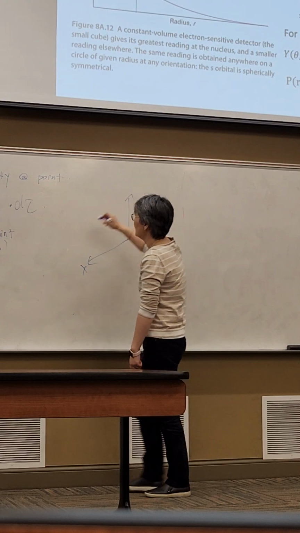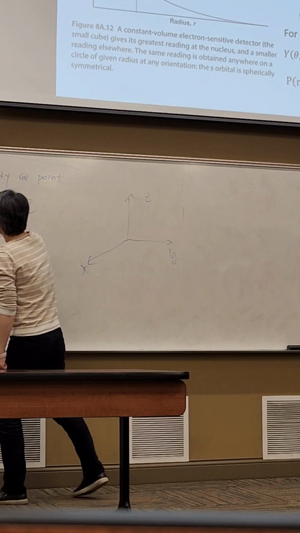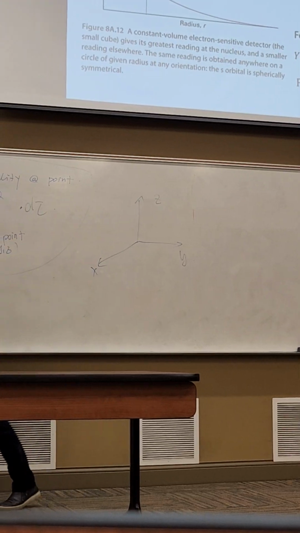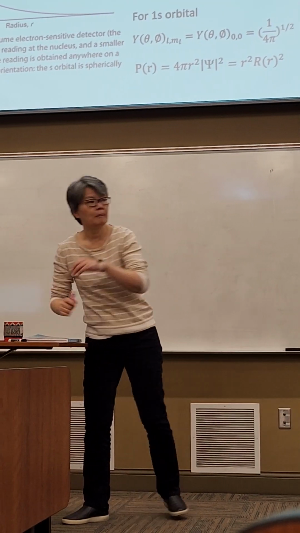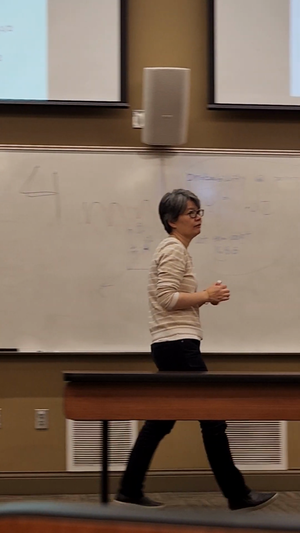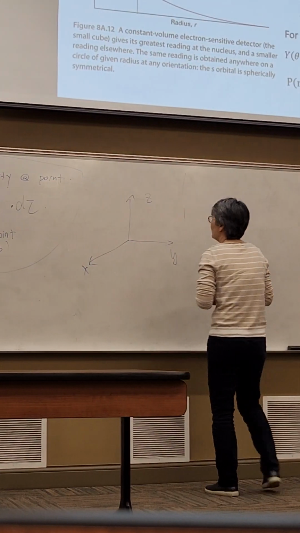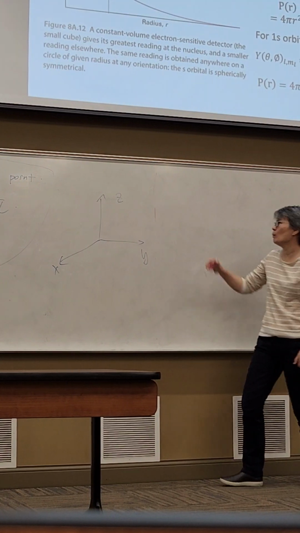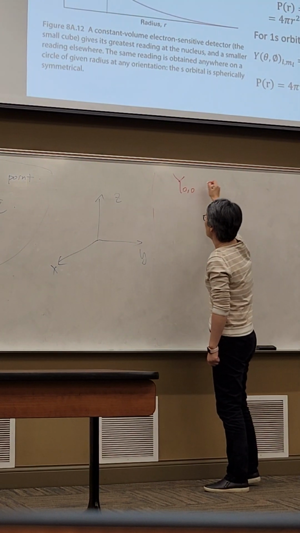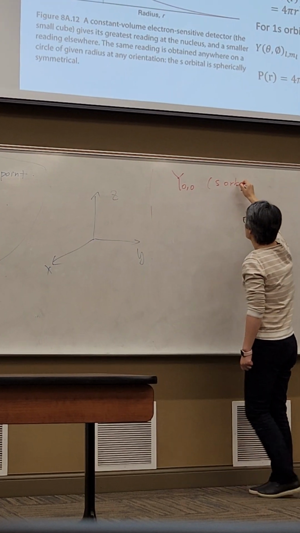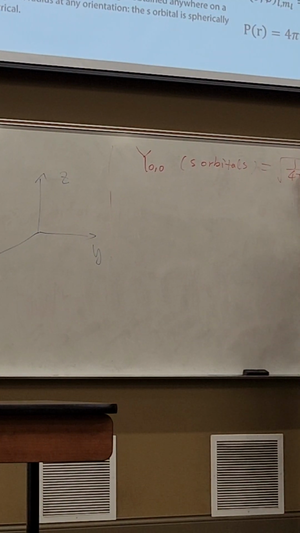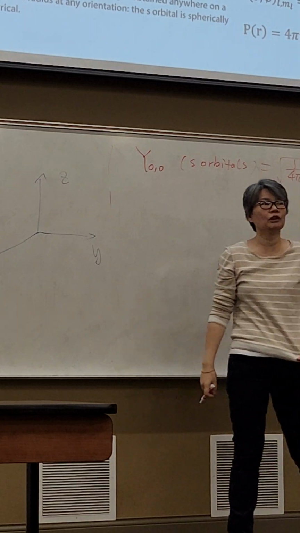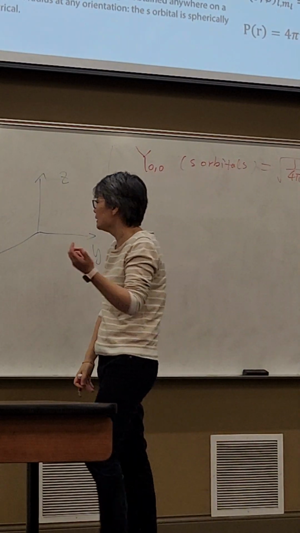This is universally true: no matter what system you're looking at, you can always do it that way. But because of the spherical shape of your s orbitals, and your Y 0,0 for the s orbitals equals a constant, you can approach the probability calculation differently.